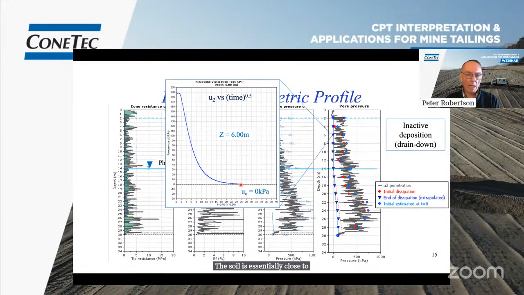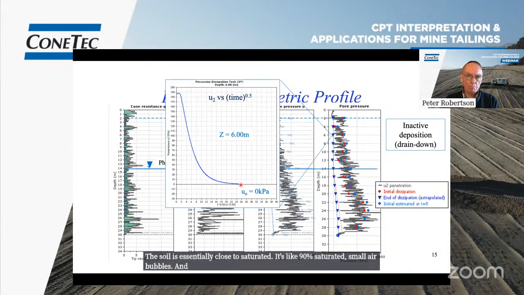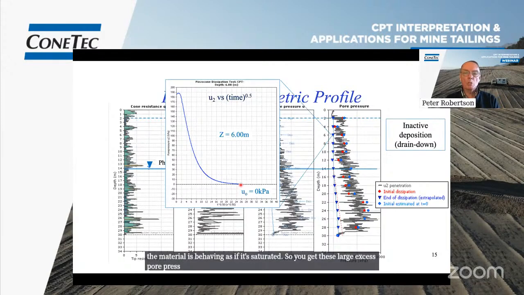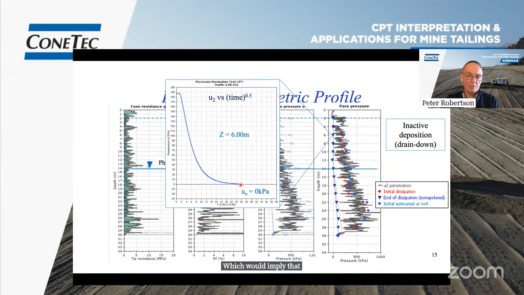It's like 90% saturated, small air bubbles. And when you push the cone in, those air bubbles get compressed and pushed into solution. So during cone penetration, the material is behaving as if it's saturated. So you get these large excess pore pressures. But when you stop and do a dissipation, they'll actually dissipate to zero, which would imply that they're above the phreatic surface, but the material is still saturated.